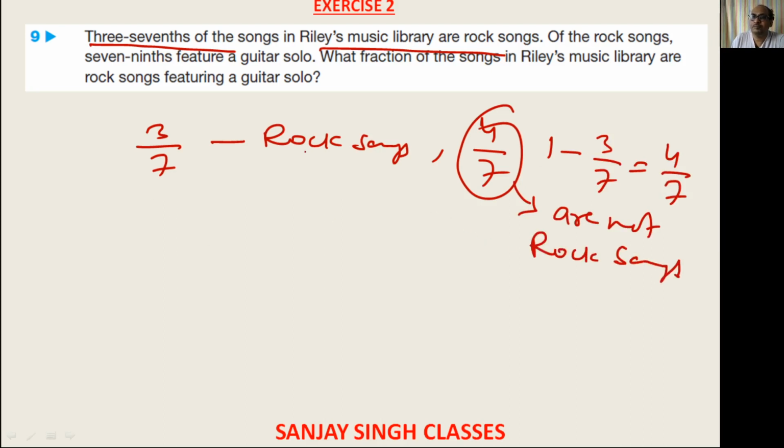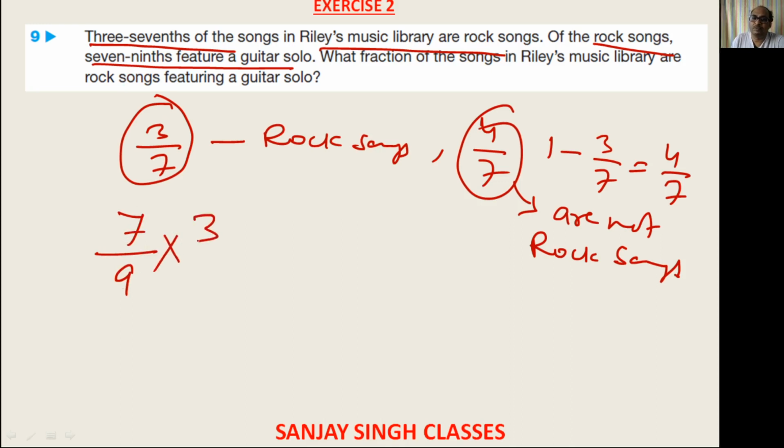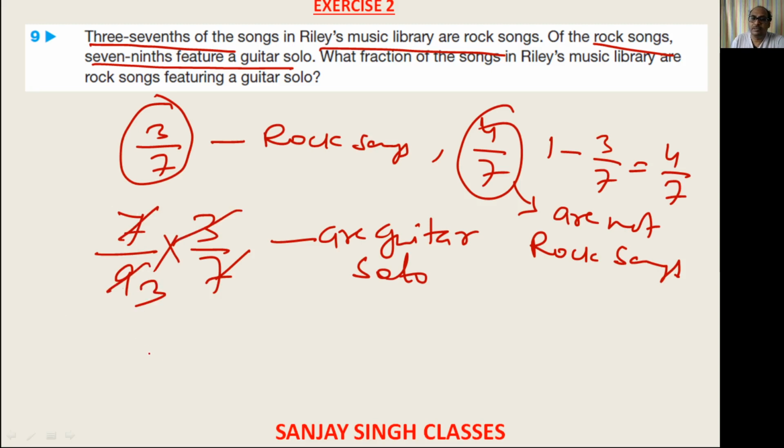Now further it is given that of the rock songs, 7/9 feature a guitar solo. So from this 3 by 7th part, 7/9 is featuring a guitar solo. So 7 by 9 of 3 by 7 are guitar solo. This 7, 7 we can cancel, and then 3 into 1 by 3, so 1 by 3.